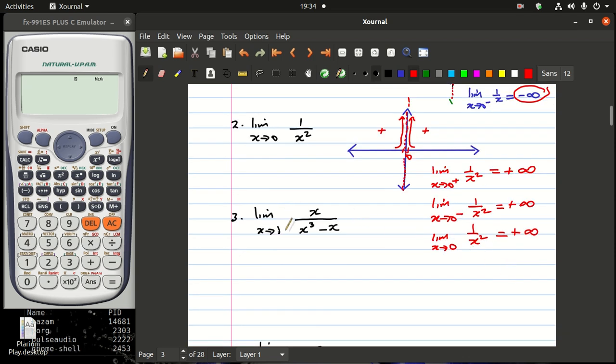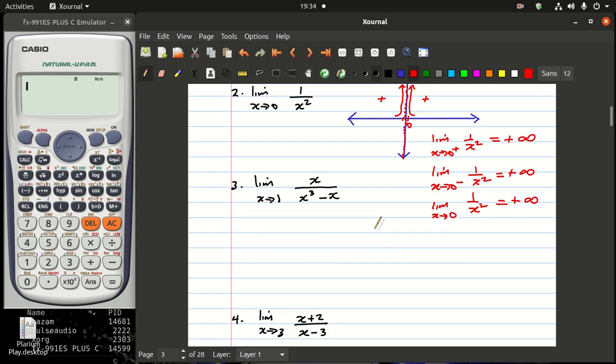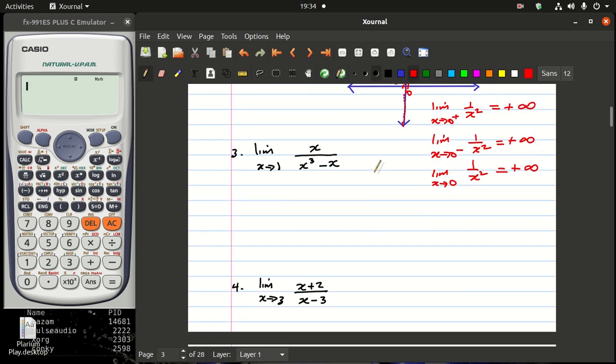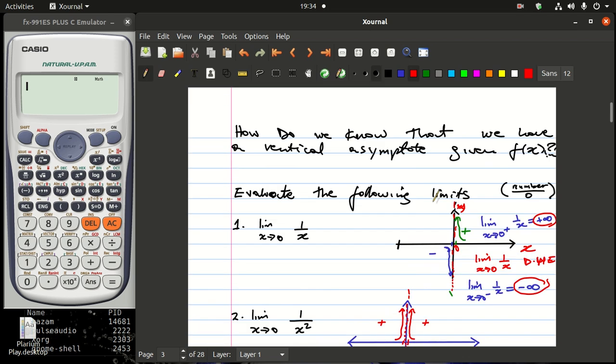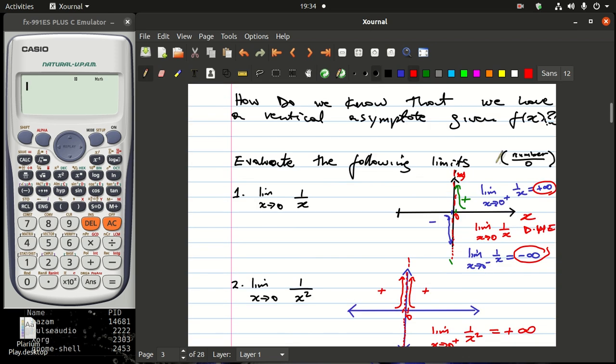Now, I want us to look into this one also here. In this particular case, we don't usually just jump and plot. The first thing that we need to check: are we getting a number over 0?